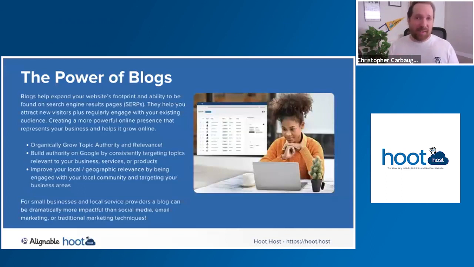Another side of this is also using blogs to improve both your local and geographic relevance. Within your blogs, you're putting out information about services and topics that relate to what you do. But you can also talk about your local community, engaging with your business areas, and doing that more and more over time, both from a topic standpoint and from engaging with your local community.